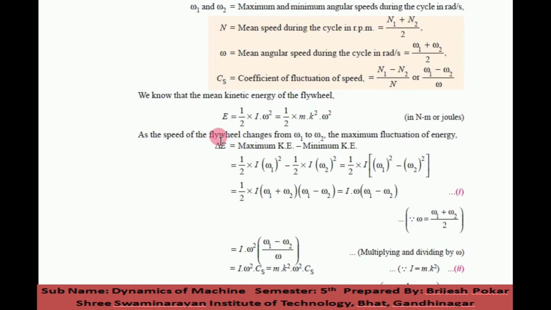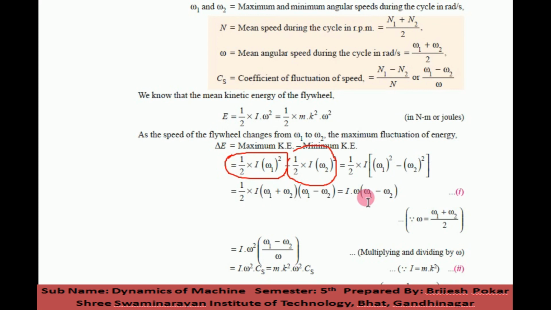Now delta E is the maximum fluctuation of energy, that is the maximum kinetic energy minus the minimum kinetic energy. Here we assume this one is the maximum kinetic energy, 1/2 I omega 1 square, and this is the minimum kinetic energy. After deriving, you just pause the video and solve these things.